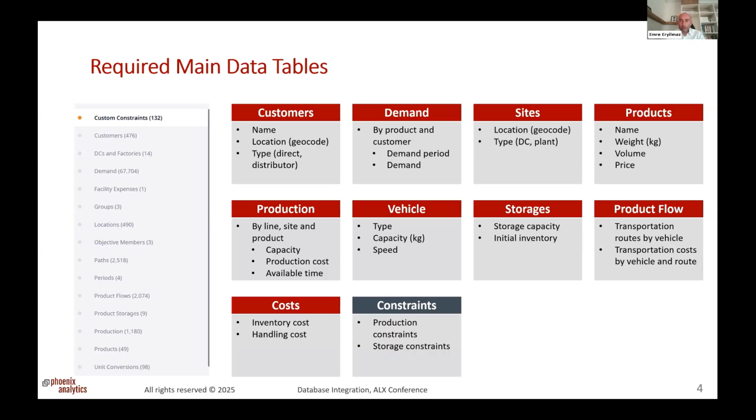The important thing is that these tables need to talk with each other. What I mean is, for example, if you give a name in the customer table and in the demand to represent that demand, it should be the same. And if there is a product in the demand, it should be the same as in the product table.